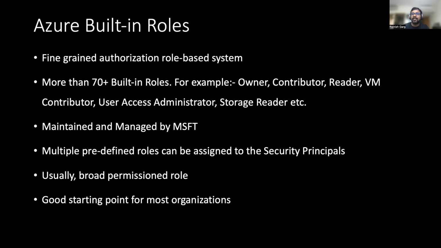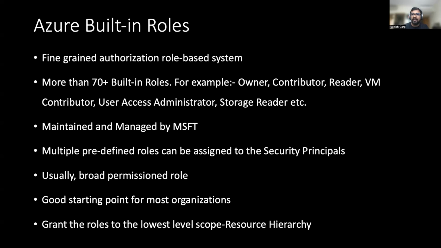Ideally, it is a good starting point for most organizations, but looking at the principle of least privilege, you should be moving to custom roles slowly. And again, similar to the GCP side, here you can assign these roles to different scopes. Again, we will be talking about scopes a little bit later. So you should be granting these roles at the lowest level scope, or the lowest level in the resource hierarchy.